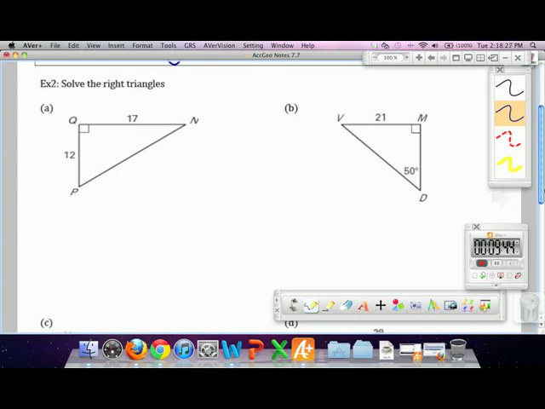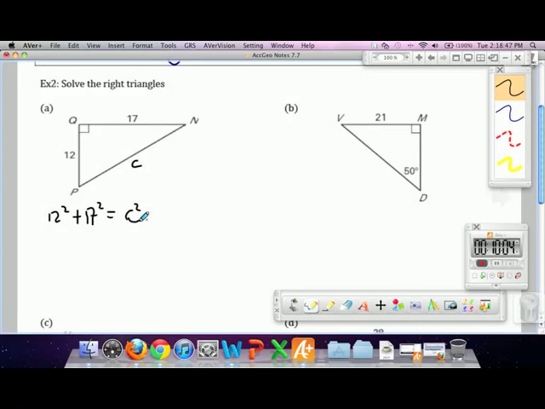Okay. So we use Pythagorean theorem. We call this side c. 12 squared plus 17 squared is c squared.